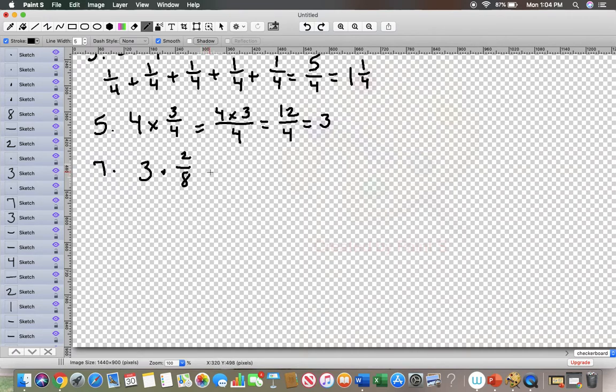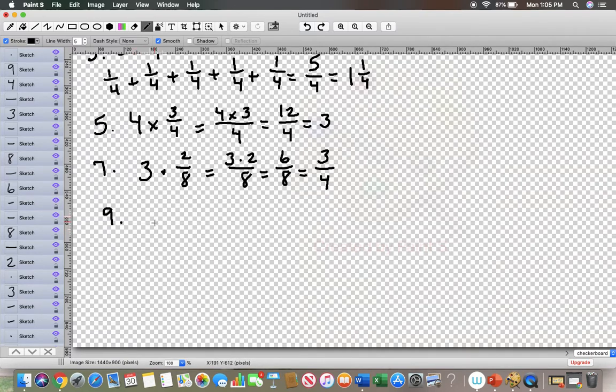So 3 times 2/8, I need to multiply my numerators. 3 times 2 divided by 8 is 6 over 8. Got to reduce that down to 3/4, and then I'll let you finish the rest of those for number 7. Let's take a look at number 9. Same thing. This time we're multiplying by 1/6.